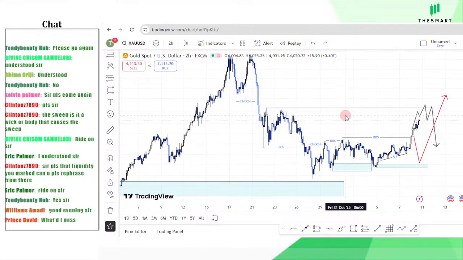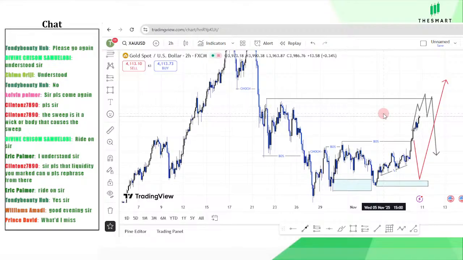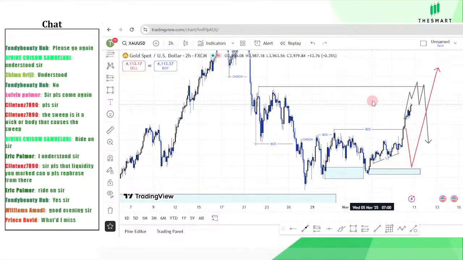All right, so this was good. Those who joined the live stream in the morning, if you want to understand the full idea behind this chart you're seeing, take your time and go through the live session that was recorded in the morning for our Monday market analysis, where we look at the chart and make our weekly directional bias.